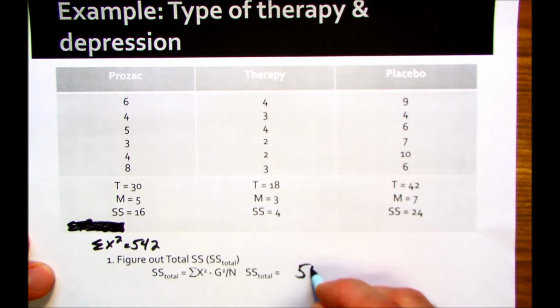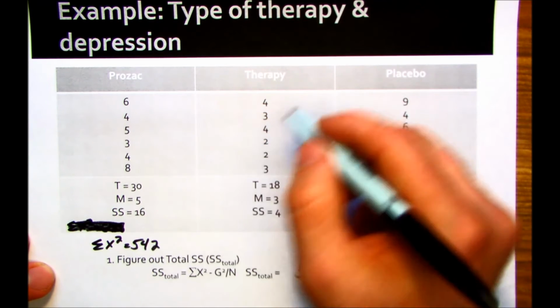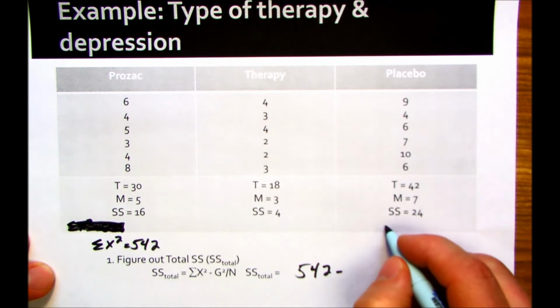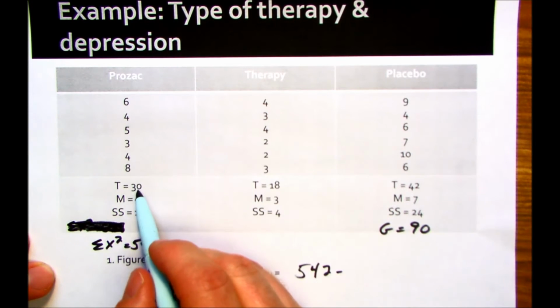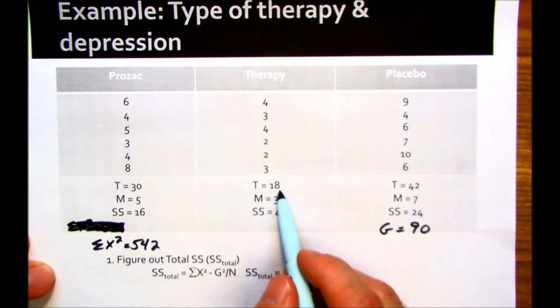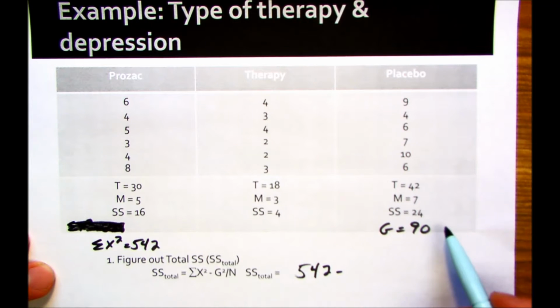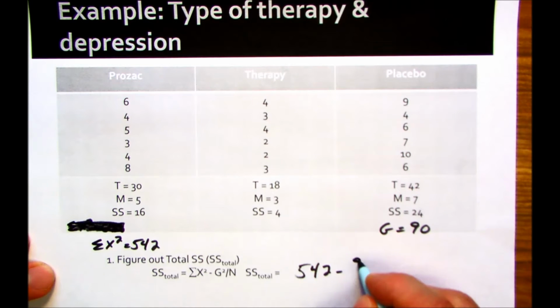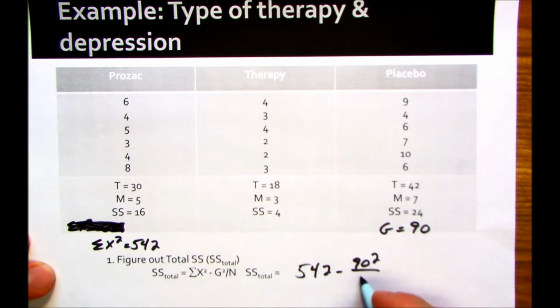So we have 542 minus G squared, where G is just the grand total. If we add up all the scores together, what does it add up to be? G equals 90, right? Because our total here is 30 plus 18 is 48 plus 42 equals 90. So 90 squared divided by our sample size, which is 6 plus 6 plus 6, 18.